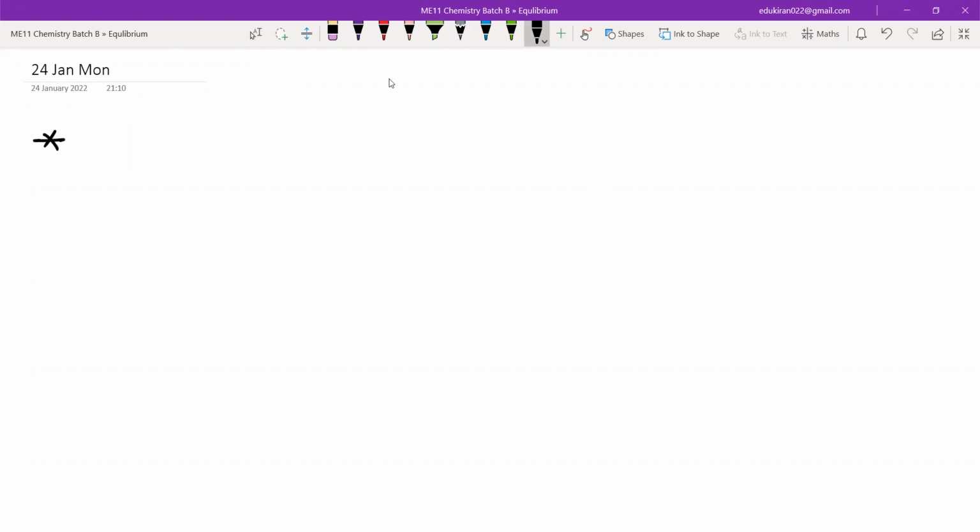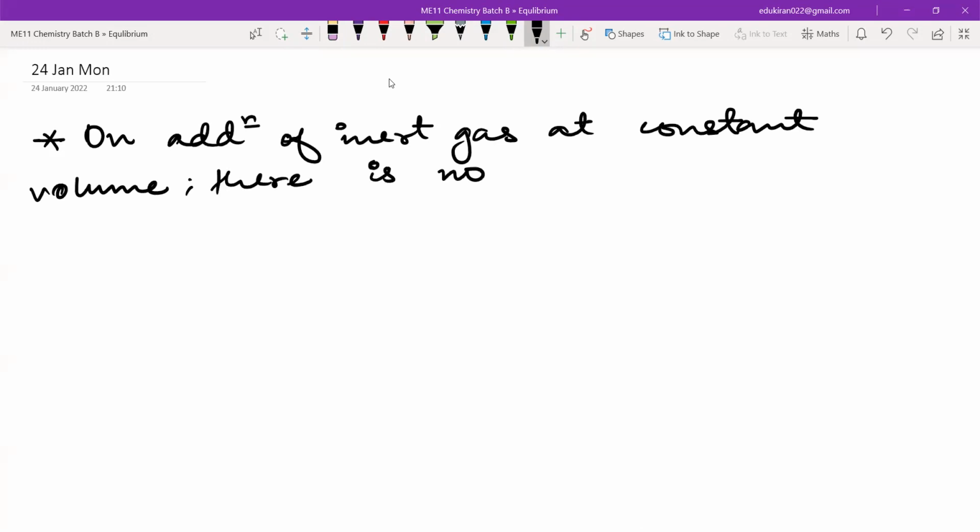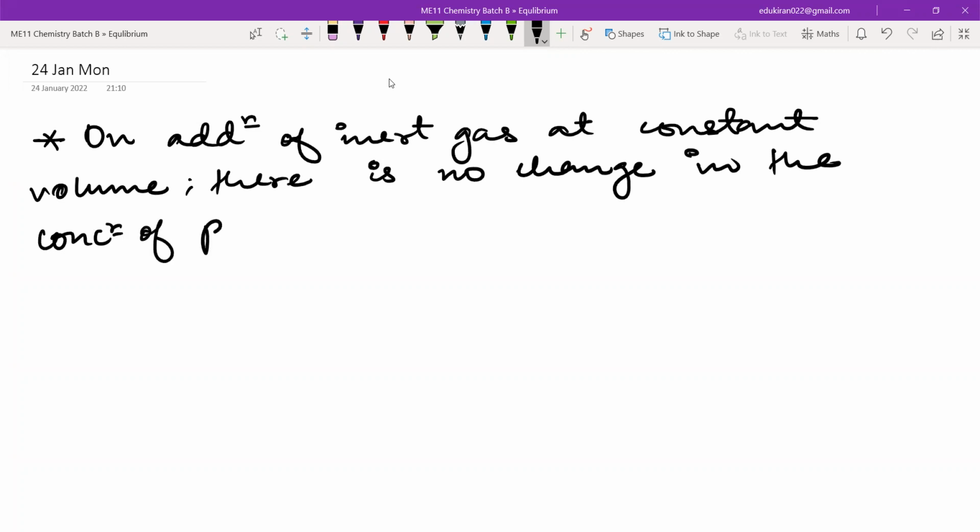Regarding the addition of inert gas: on addition of inert gas at constant volume, there is no change in the concentration of product or reactant.